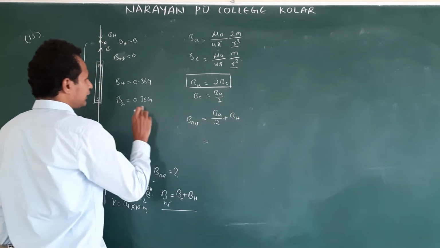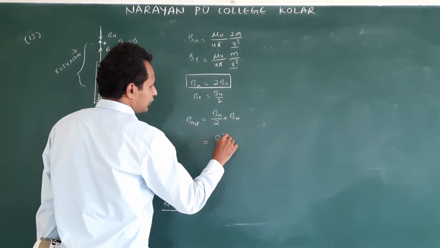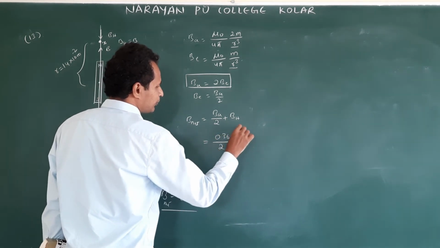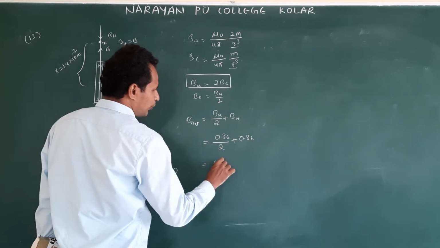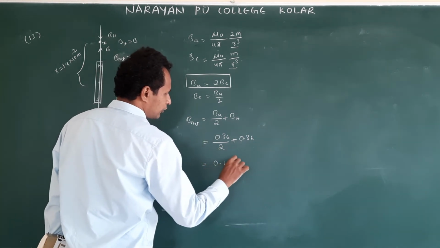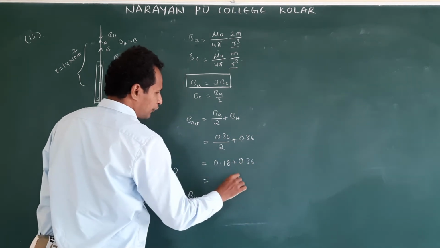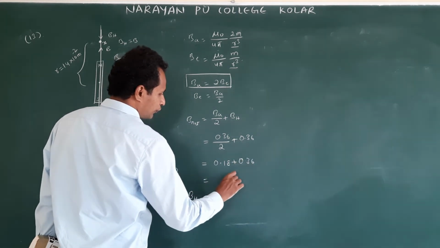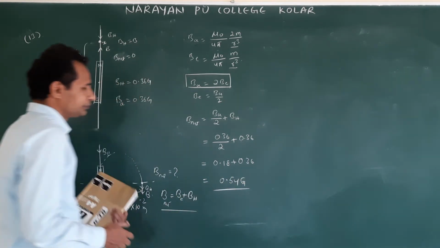What is BA? 0.36 by 2, plus BH also the same, 0.36. So this is 0.18 plus 0.36. This will be 0.54 gauss.